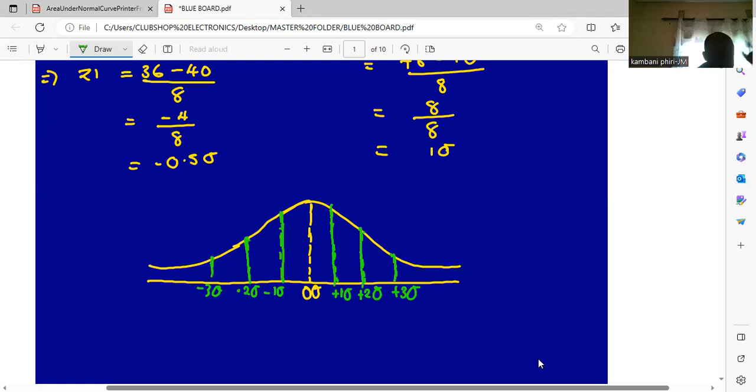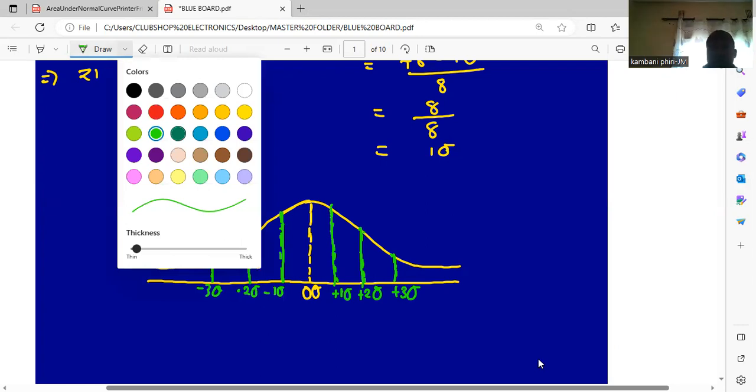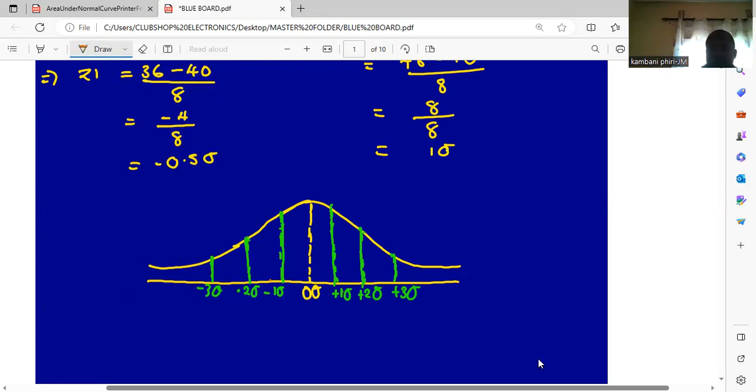Now, we're interested in negative 0.5 sigma, not mu, of course, sigma. So negative 0.5 is somewhere here, and the 1, we're talking about 1, which is this one.